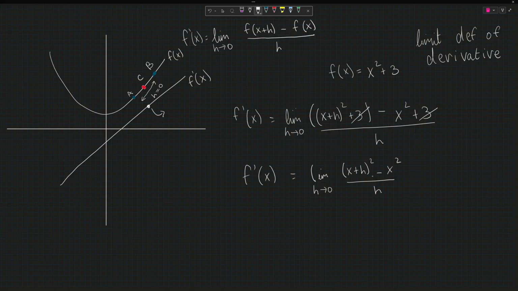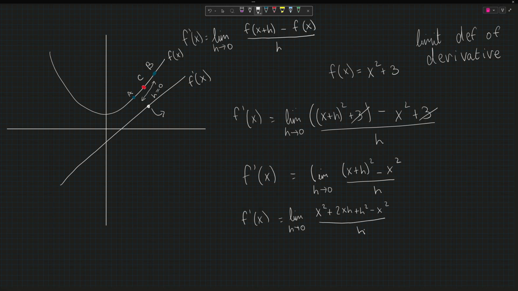Alright, now we have to expand this, because we need to find a way to get rid of that h in the bottom. So f prime of x equals the limit as h approaches 0 of, x plus h squared, that should be x squared plus 2xh, and then that would be plus h squared minus x squared.